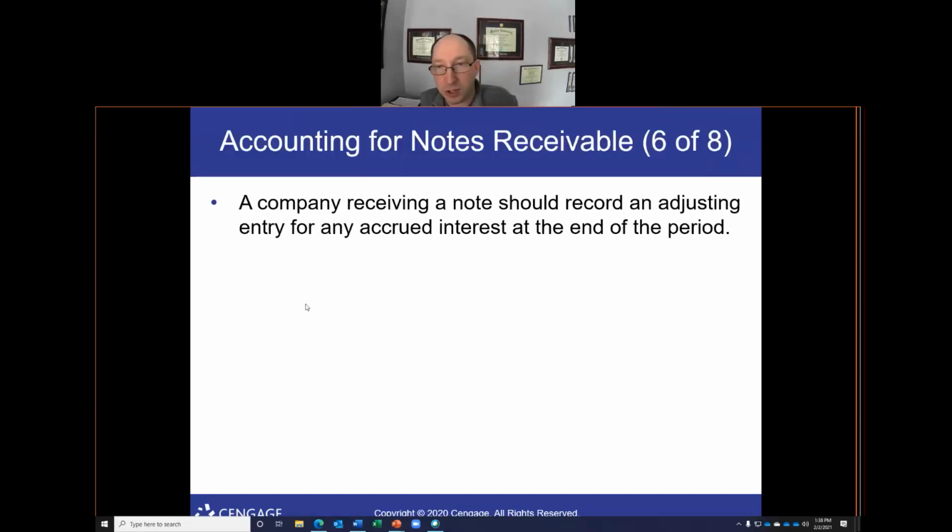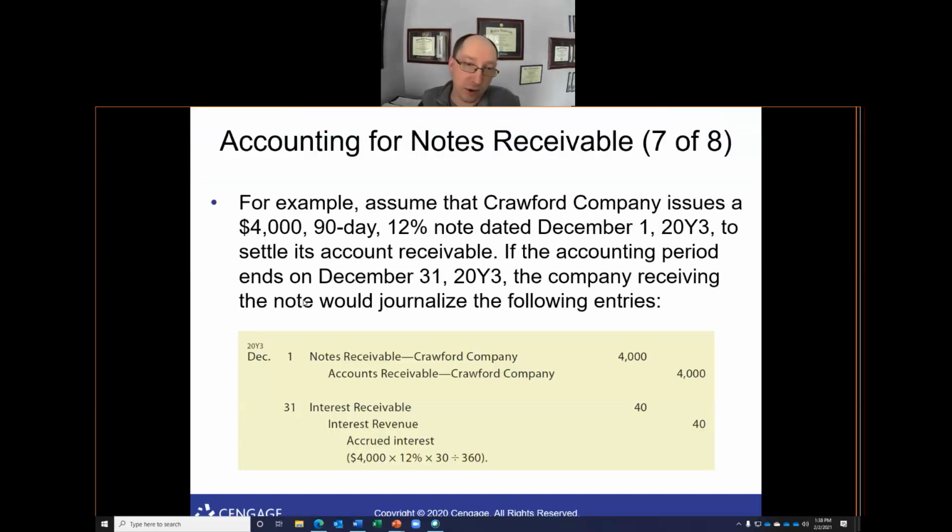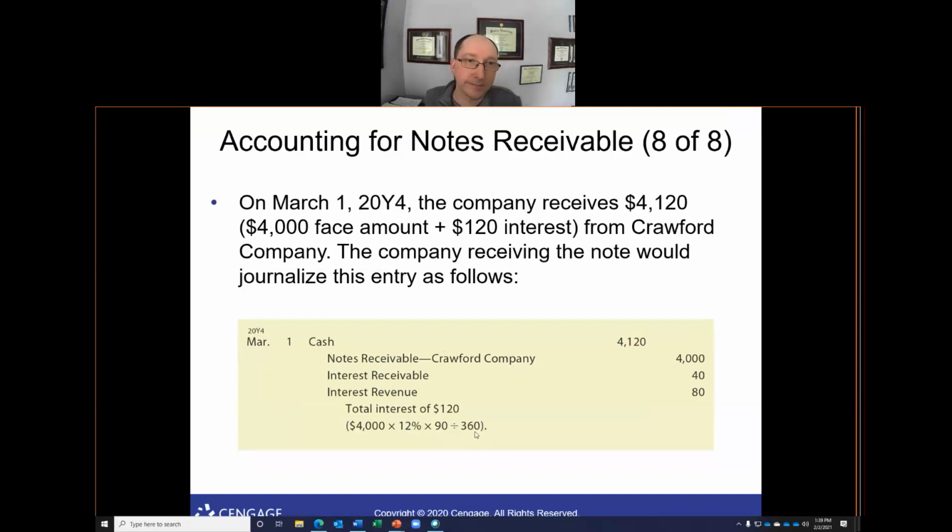A company receiving a note should record the adjusting entry for any accrued interest during the period. And that's what that example looks like. Debit notes receivable, credit accounts receivable. And then at the end of that respective period, in this case a month, we debit interest receivable, credit interest revenue, to represent the accrual of the interest.